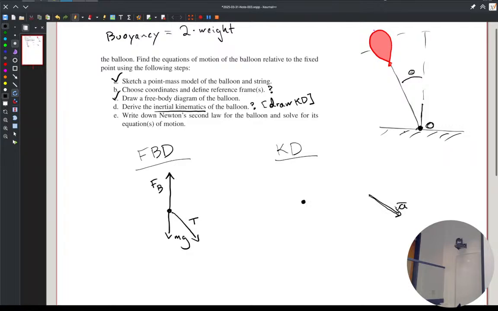Is that true, like if you're spinning something on a string? This doesn't change. But it does have tension in the string, right? Because then the tension is acceleration. Even in this case, we have changing speed.